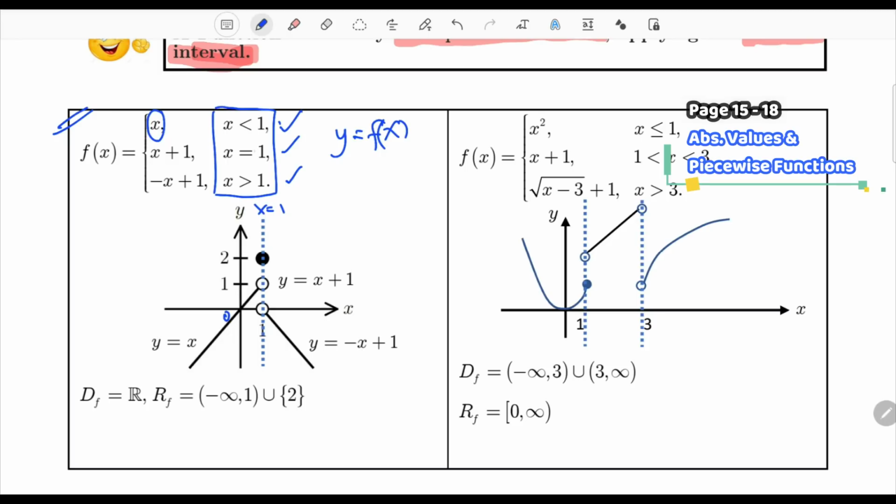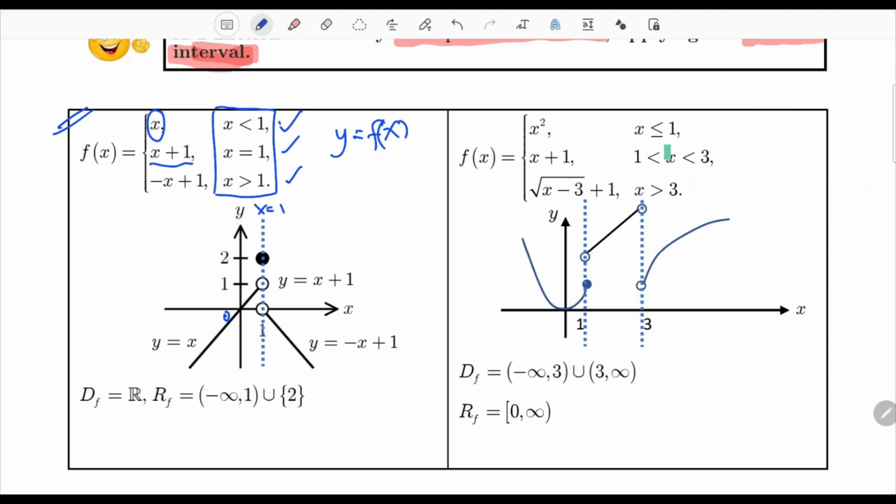At 1, the function will be x plus 1. So you substitute 1 inside this function, you get 2. So at 1 here, you get 2 here. Then when x is greater than 1, the graph will be this. That's what you mean by piecewise function.